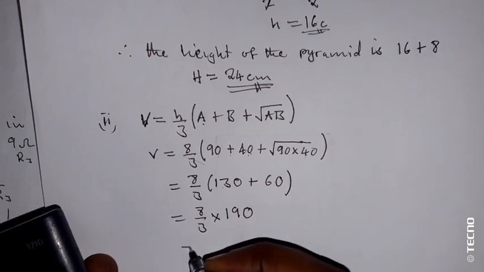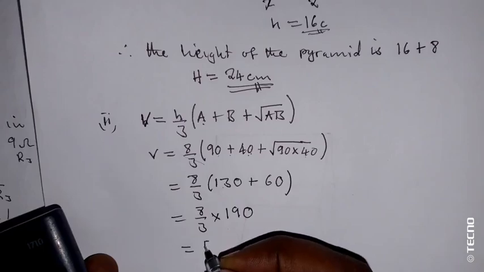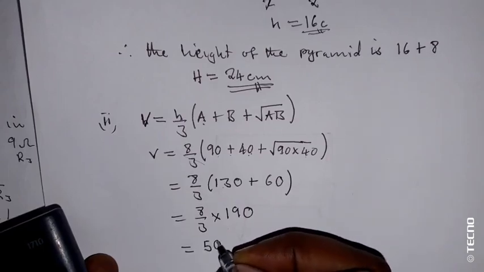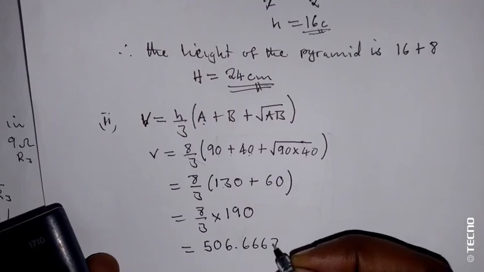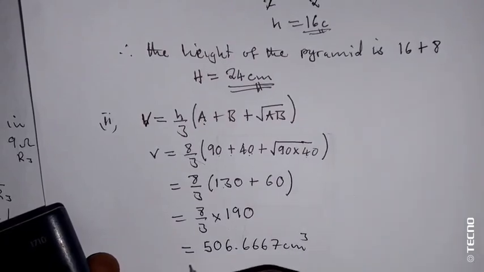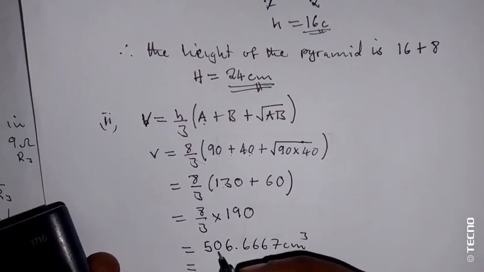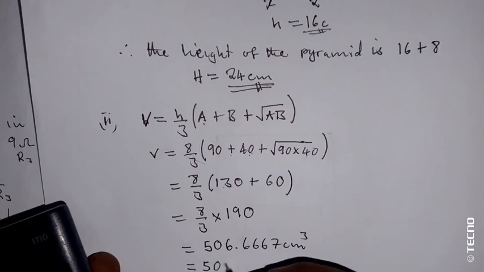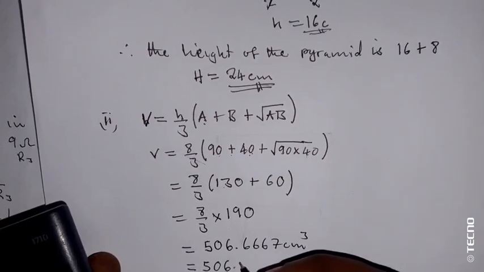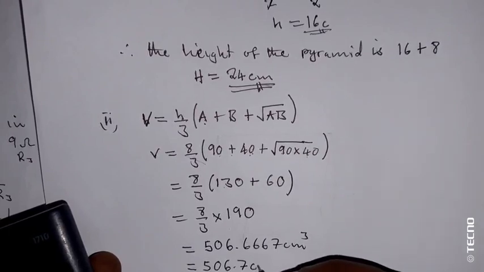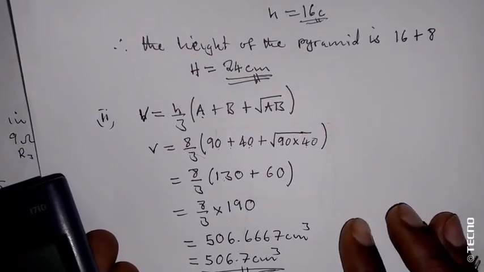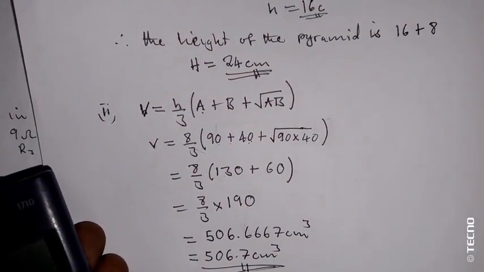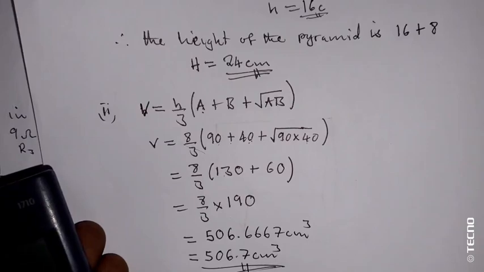Once you compute on the calculator, the answer is 506.6667 centimeter cube. Remember, this is volume, so the final answer will be 506.7 centimeter cube. So this is the final answer that you are going to have. So just using these simple formulas and following the procedure, we get the 4 marks. Thank you.